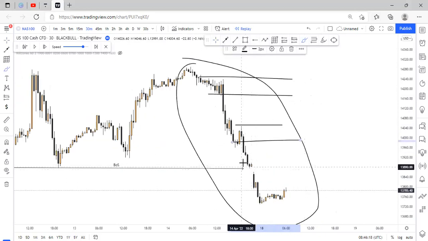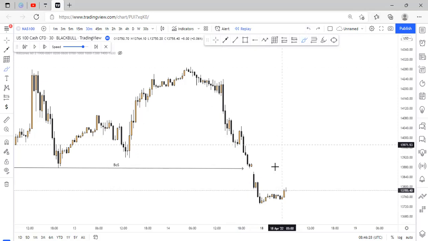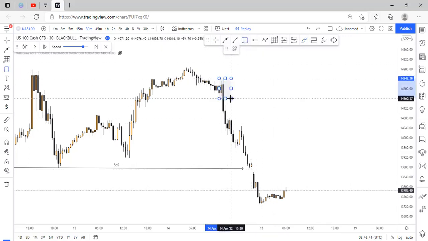Also, at this level, we can see a gap right here. So looking at this structure, we can see opportunities to go long. There are reasons for us to look for buys, because we have a lot of unmitigated zones.